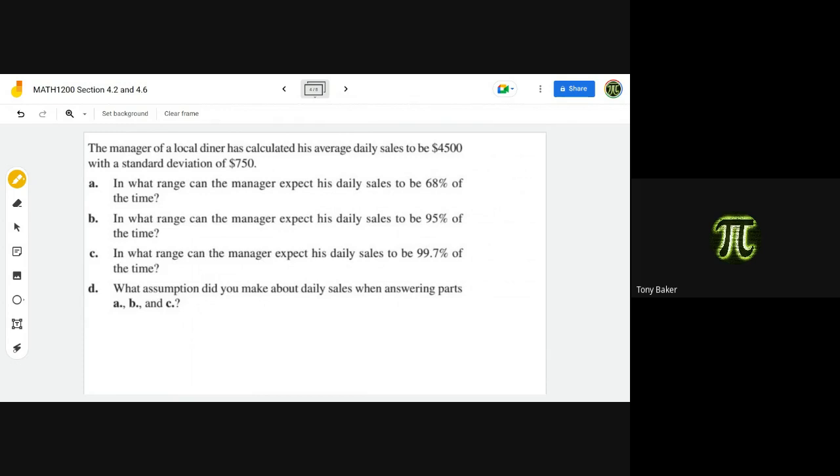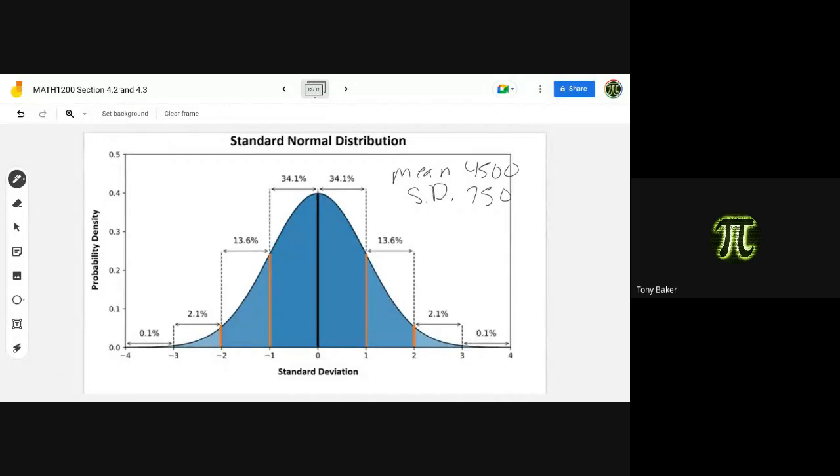So we've got, what's this one? Mean 4,500. SD is 750. So I want you to fill this. Your mean's going to go in the middle. 1 standard deviation, 2 standard deviations, and 3 standard deviations out. So you're just going to basically keep adding 750 this way, minusing 750 that way.